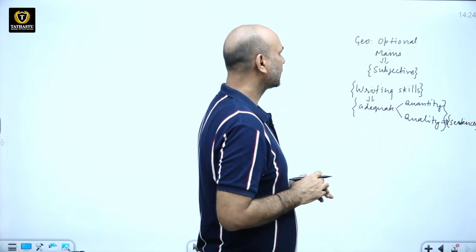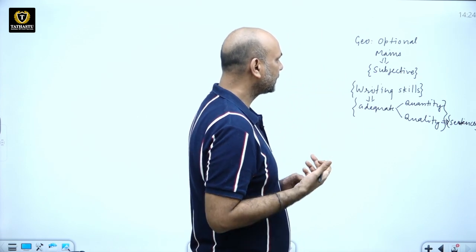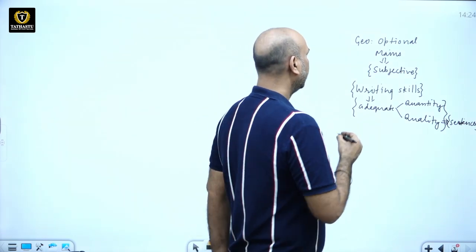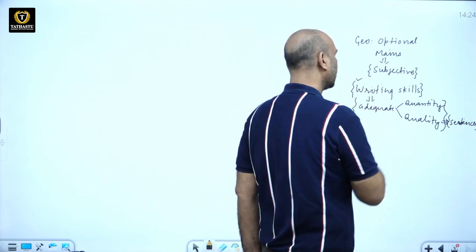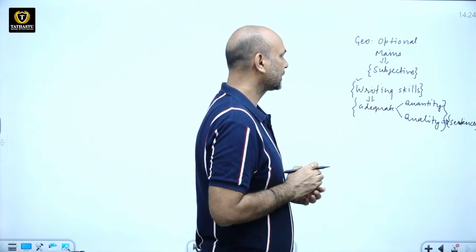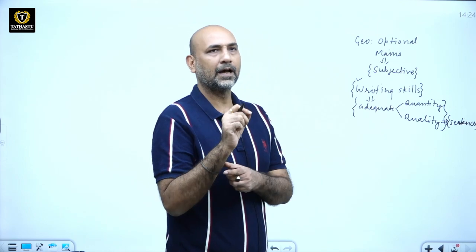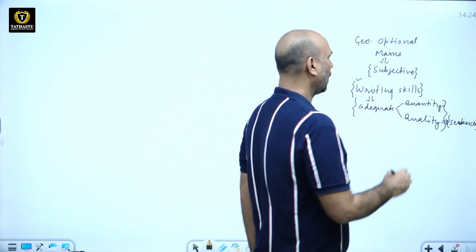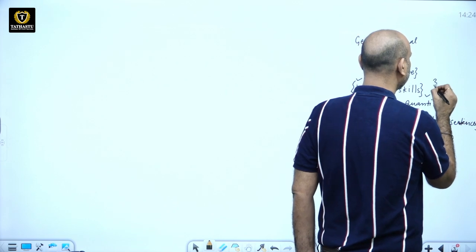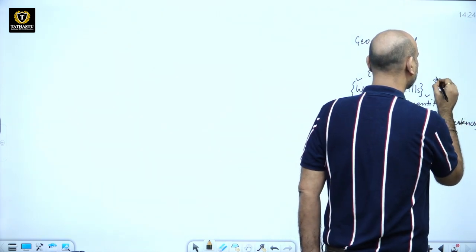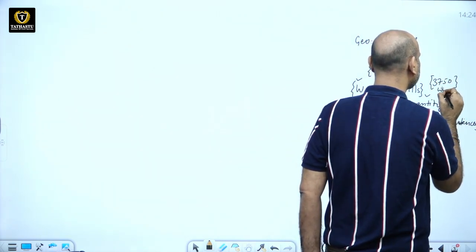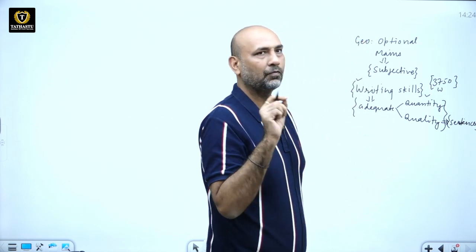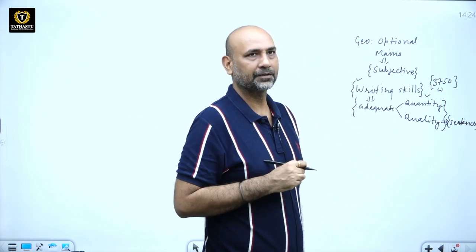So remember that subjective understanding is very important for developing writing skills, and we must take care of both aspects of writing skills. First, quantity. As I told you, each paper demands writing 3750 words in 3 hours.